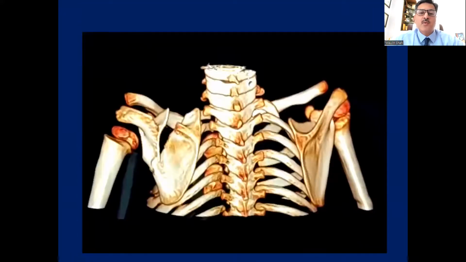And this is the post-operative CT scan. See the amount of displacement of the scapula. The scapula has shifted medially, a bit inferiorly, and it is protracted, which was earlier retracted. So there is an opening.